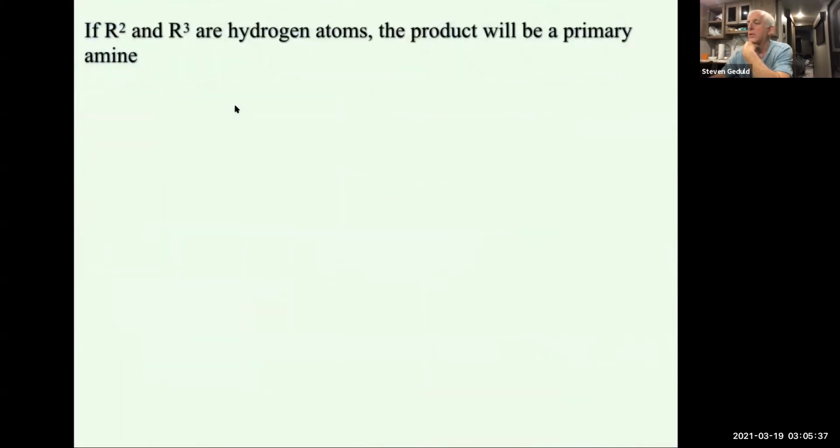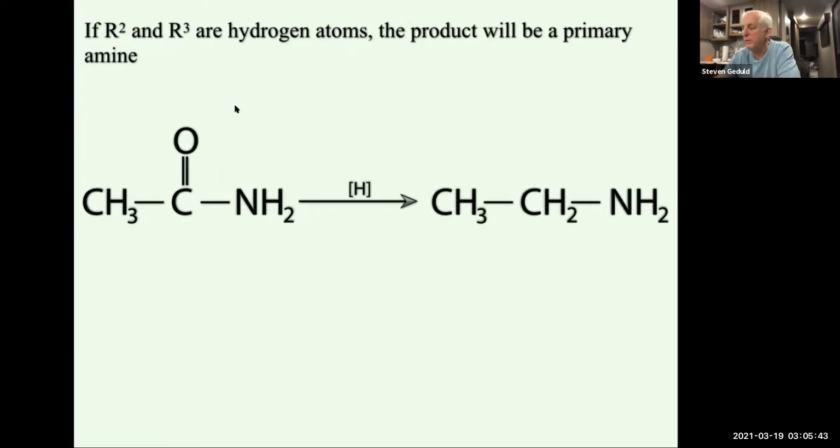If R2 and R3 of those products are hydrogen atoms, the product is going to be a primary amine. So here's your attachment. This is what makes it an amide, the carbonyl attached to the nitrogen.